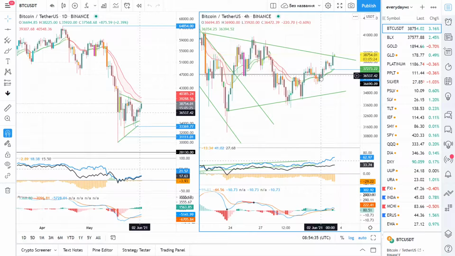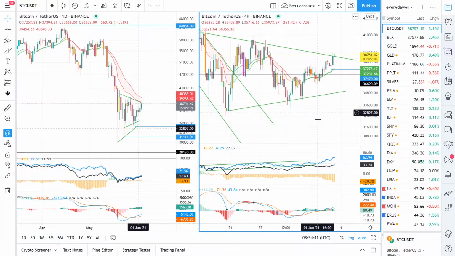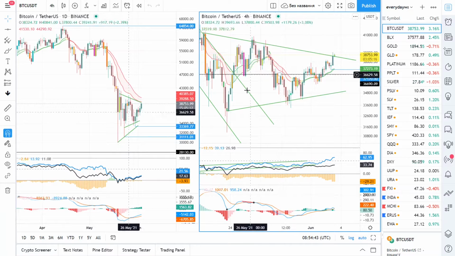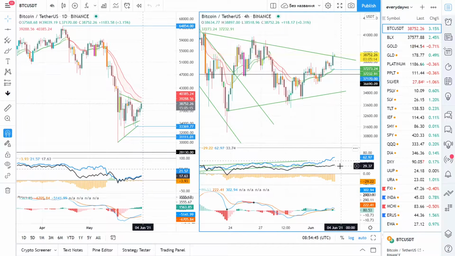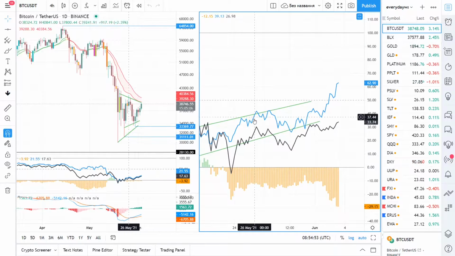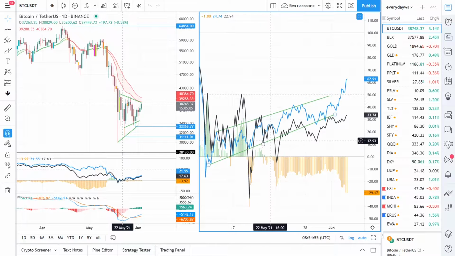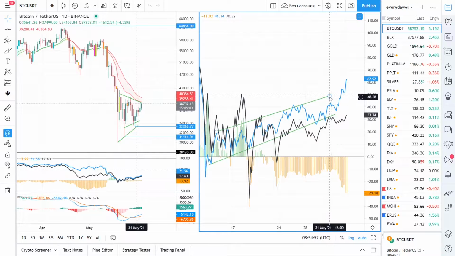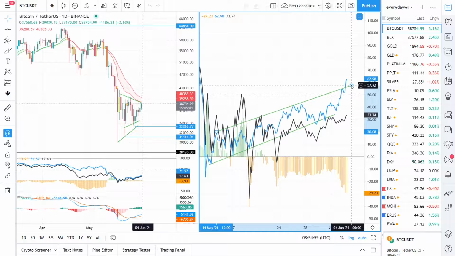Why is this 4 hour triangle very important on Bitcoin? Well, everything is occurring on the negative delta on our ASAP smart money algorithm, and as you can see, the blue line was ascending in a sort of channel.